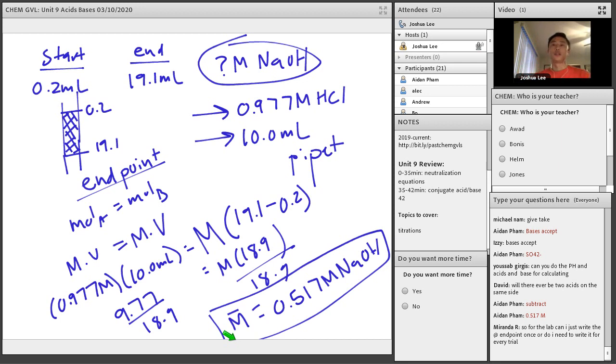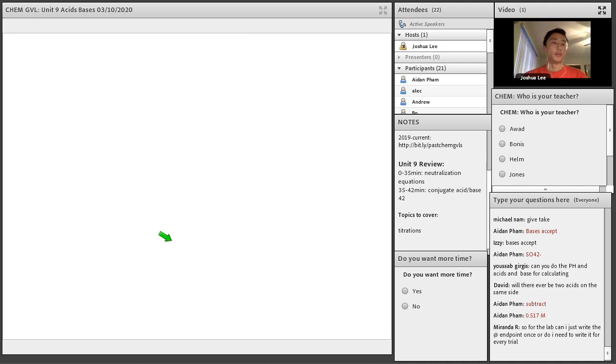So now let's say you're given a problem where you now found the molarity of your base. We know it's 0.517 molar NaOH.